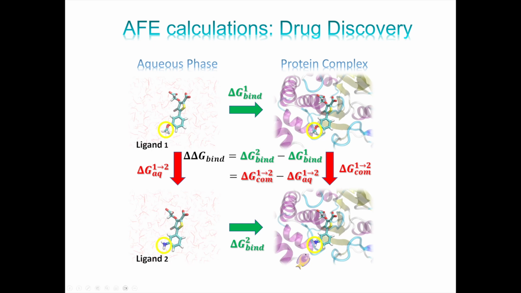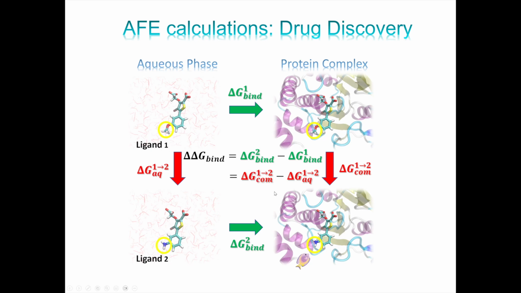then oftentimes a much better way of running the calculations is to alchemically perturb ligand 1 into ligand 2 in the aqueous phase and do the same thing with it bound to the protein complex. And the difference between the free energy of that alchemical transformation in the aqueous phase and protein complex should give you the same free energy difference as the actual binding if you look at this thermodynamic cycle.